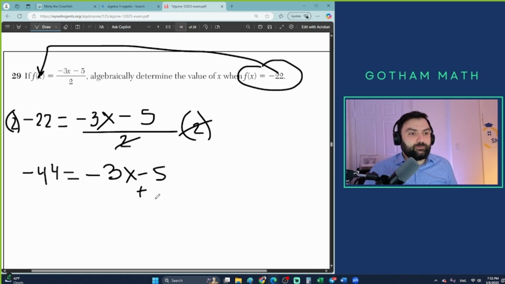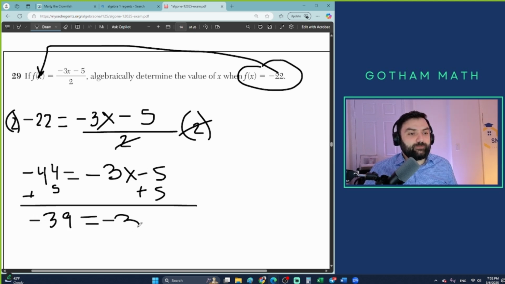Step 2 is to add 5 to both sides. It's going to be negative 39 equals negative 3x. Final step, divide both sides by negative 3. And it's going to be x equals positive 13.